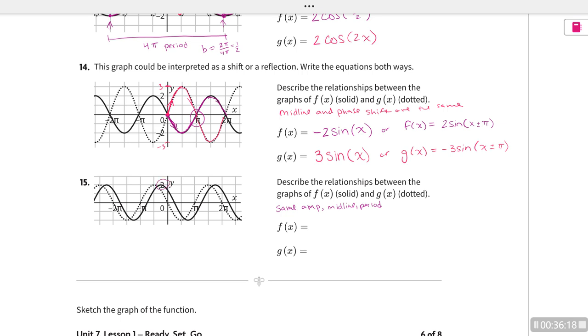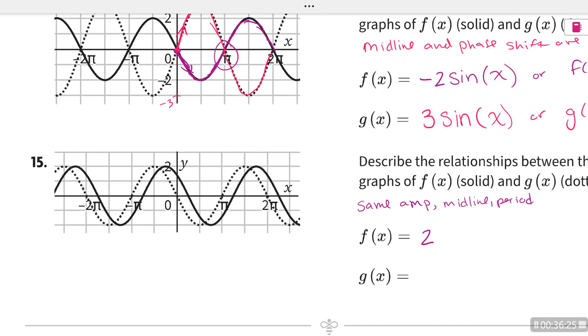So our high is 2, our low is negative 2, so our amplitude is 2. We could write this as a sine or cosine graph. I'm going to put my answers depending on what I can see clearly here. So for this graph, our midline is y equals 0.